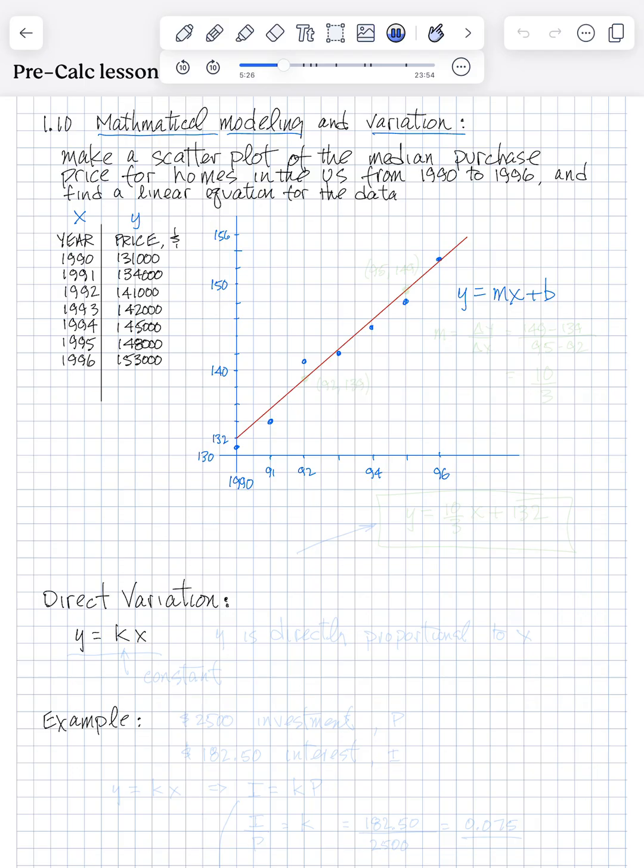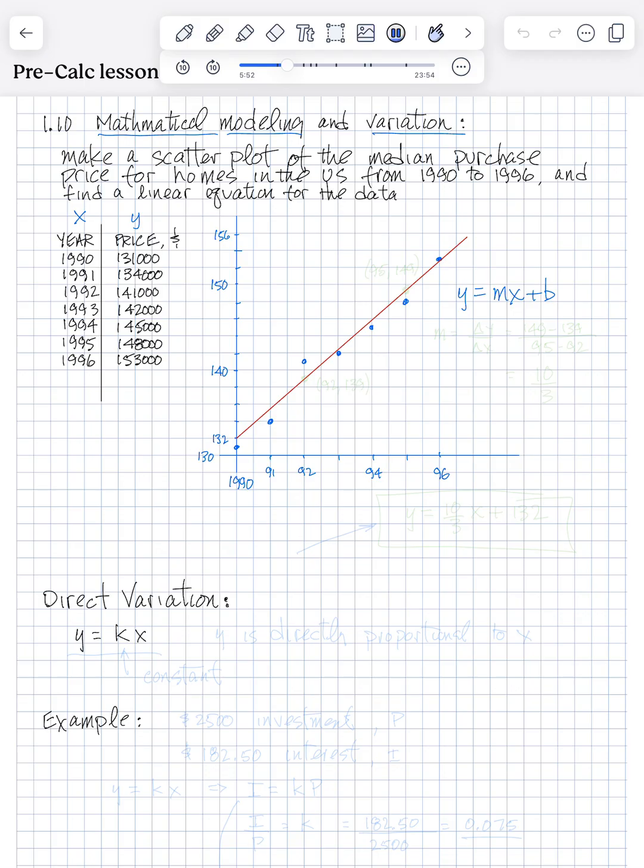Now we want to write the coordinates. Actually, we want a point on the line. I erased some of these, so let's try it again.